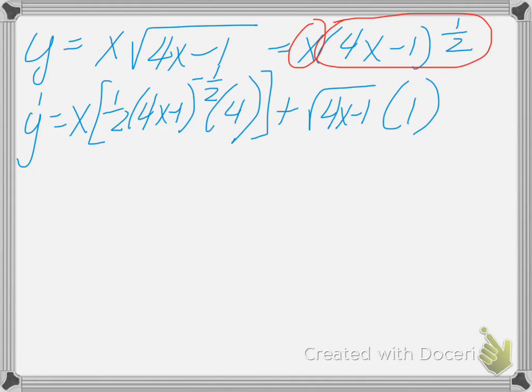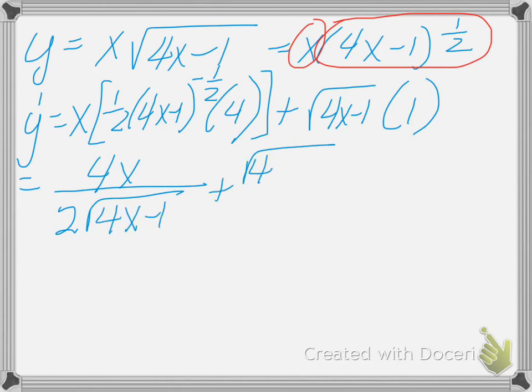So we need to simplify this because this doesn't look like any of the choices. So we have a 4x on the top. This goes on the bottom. Okay, and I'm putting that over 1 to find a common denominator. And the common denominator will be this.